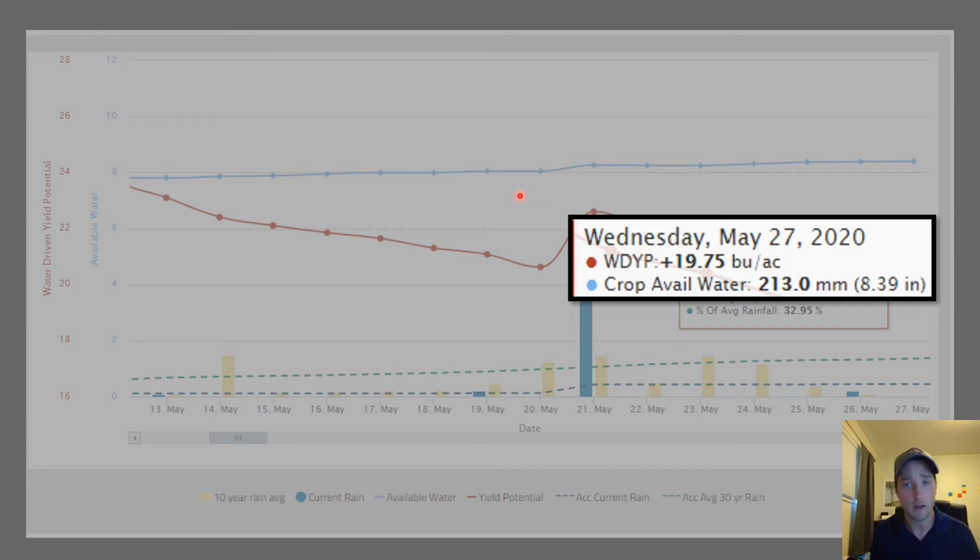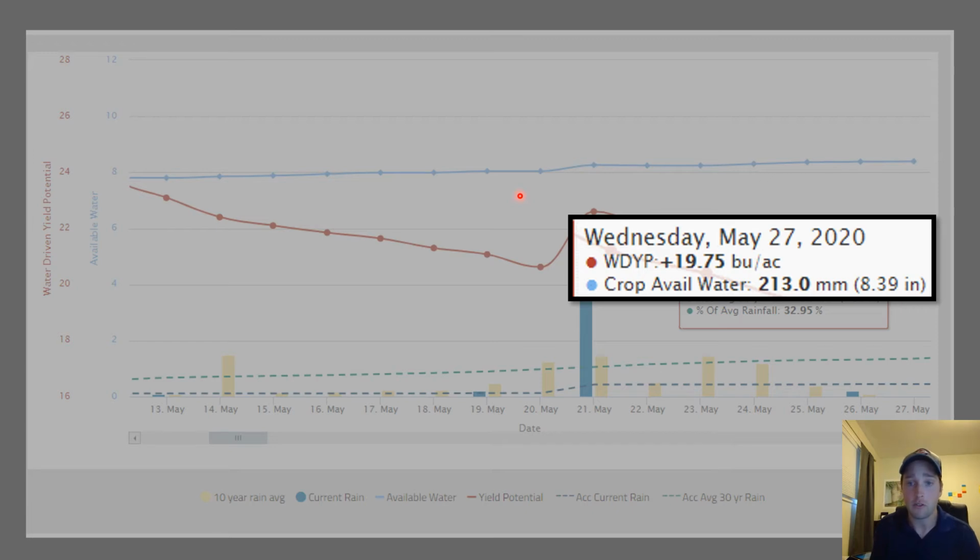On May 27th, it is saying your water-driven yield potential is at 19.75 bushels an acre, and that is always in reference to the yield goal established for this field, and specifically the area of this field that the station was installed in. The calculation is also always assuming 100% of average rainfall from that day.